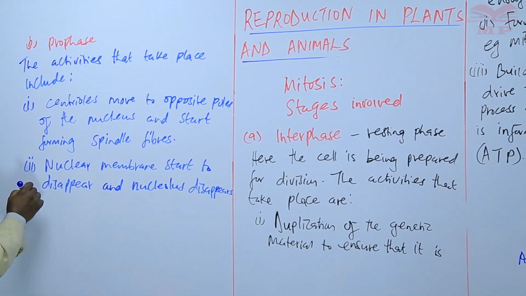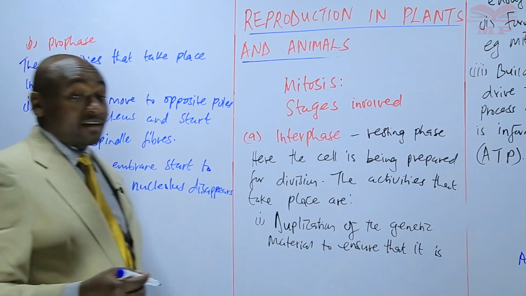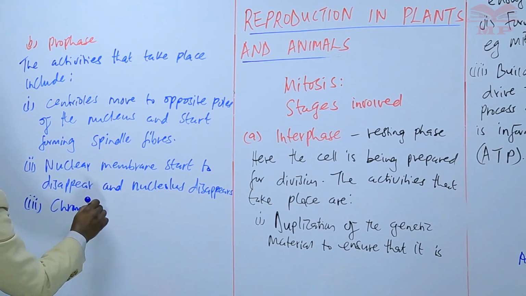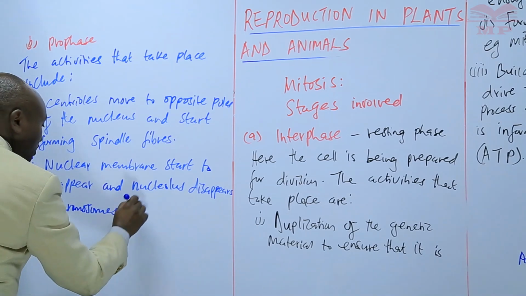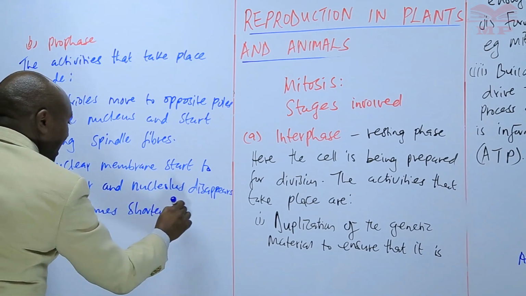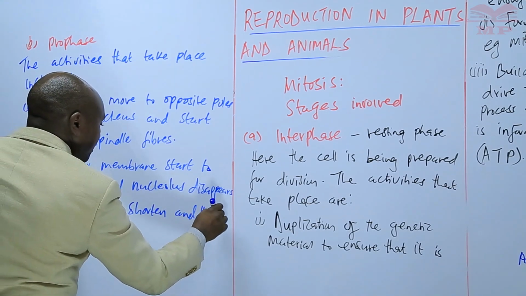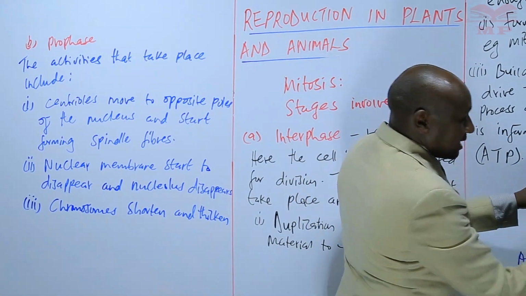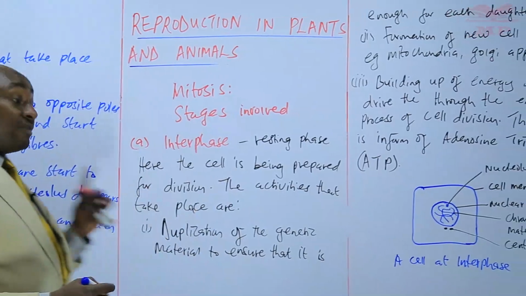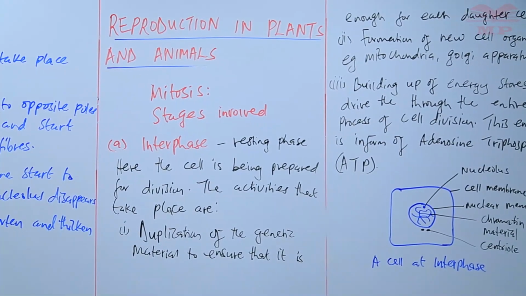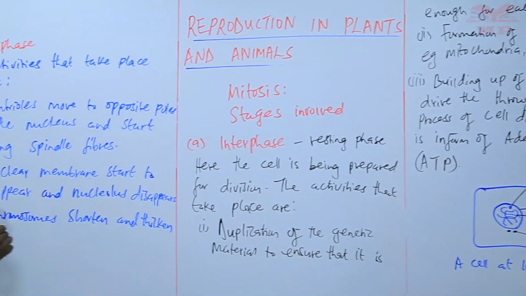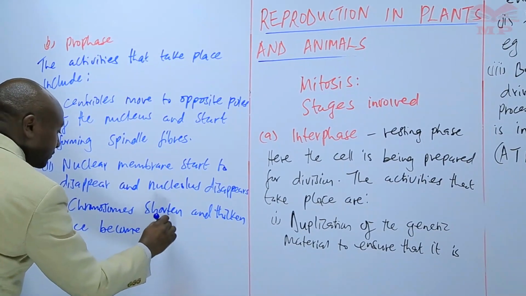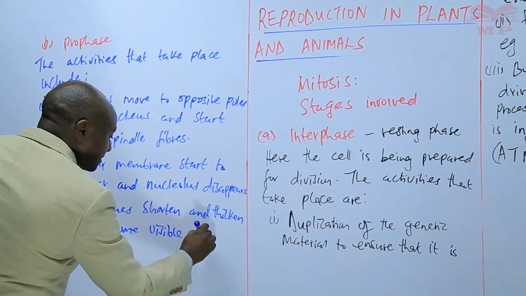And then number 3, which I have said is the most important factor, is that chromosomes shorten and thicken. They become shorter and thicker, and that is what makes them to be visible. Hence, become visible when stained.